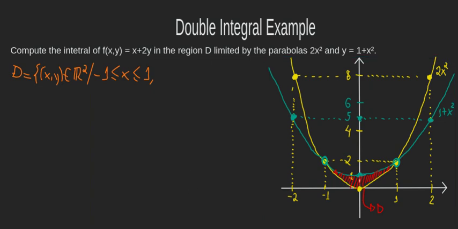Okay, now let's continue. And y is from the function 2x squared to the parabola 1 plus x squared.